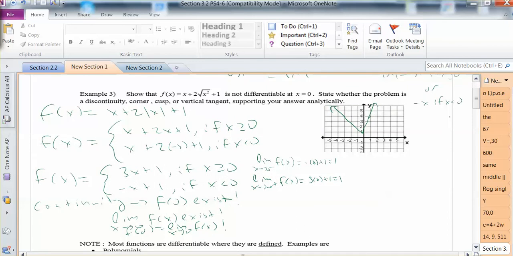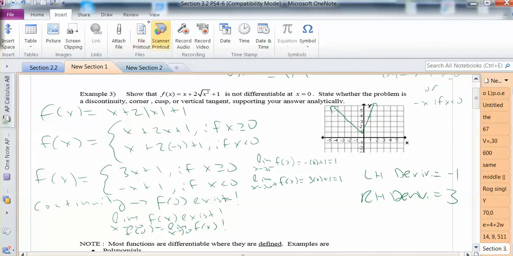But in order to show it, and also to prove analytically the reason for our non-differentiability, the left-hand derivative, hopefully you can see, is going to be -1, and the right-hand derivative is going to be 3. And that's because if I highlight, or maybe circle in red, it might be easier.